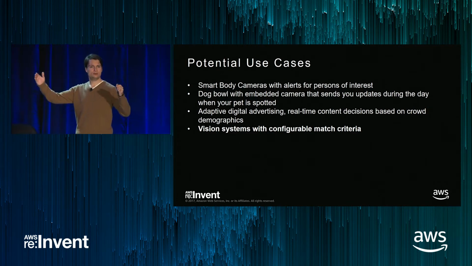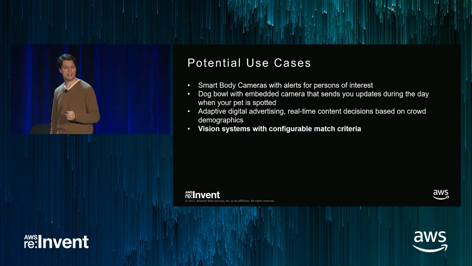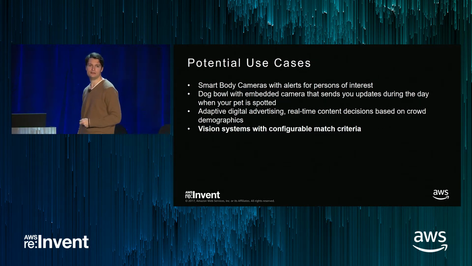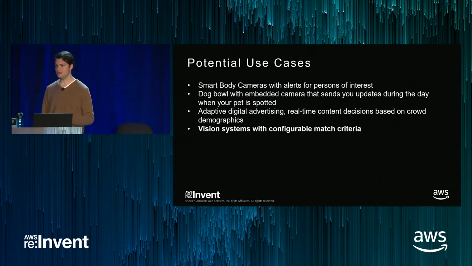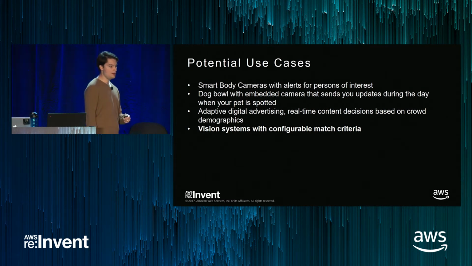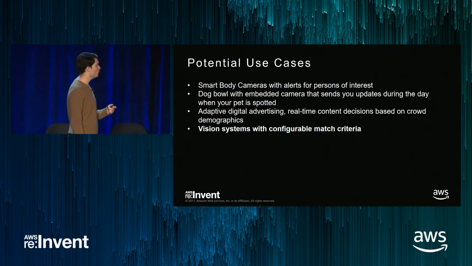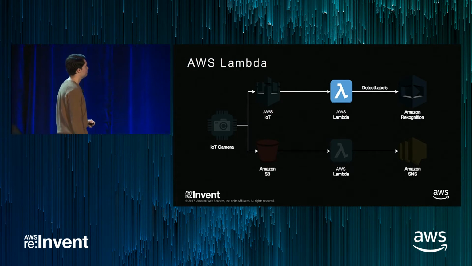Imagine physical digital billboards with an embedded IoT sensor, watching as crowds pass by and calculating demographic information to choose what ads to show. You can also build really any vision system with configurable matching criteria. I'm going to show you how to do that in just a moment.